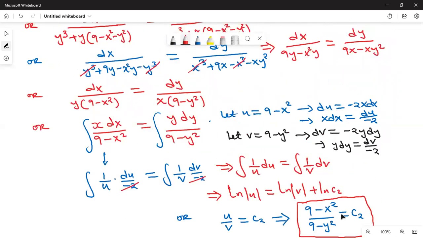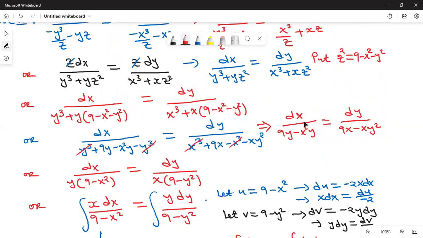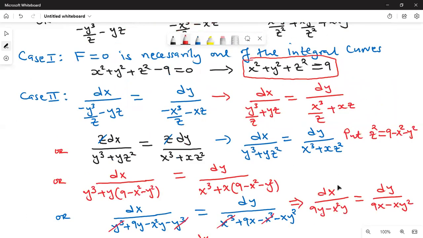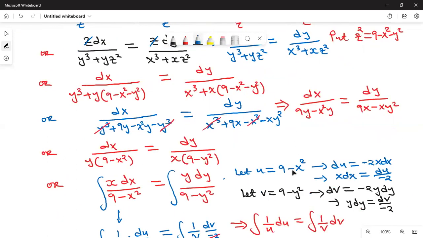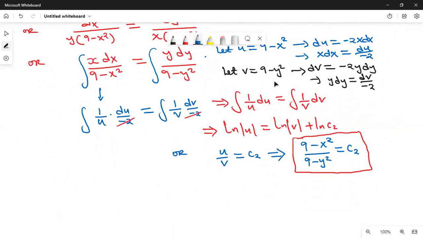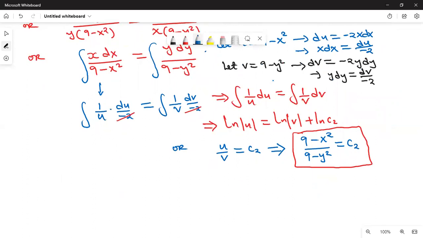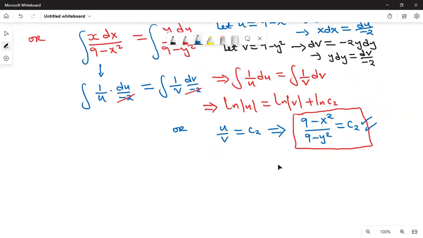So look at the answer in case 2, and the answer in case 1. Let me take this one. This is what we got in case 1. And what we have found in case 2 is this one. So those that I have ticked are the orthogonal trajectories. They are the required orthogonal trajectories.